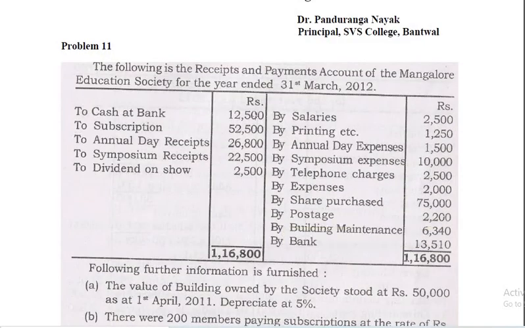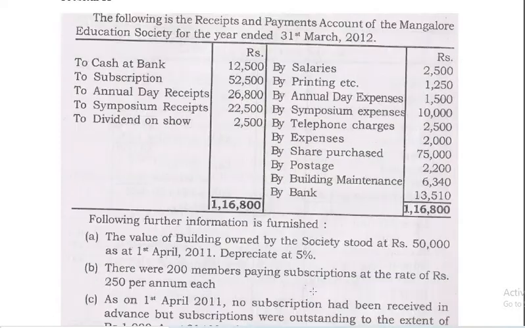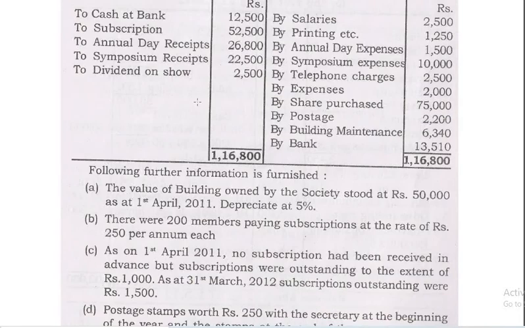Look at the items here. Cash at bank will come to the opening balance sheet, because here the capital fund is not given, so you need to calculate the capital fund. Subscriptions 52,500. Last year's subscription outstanding, that is 1,000, should be deducted, and current year subscription outstanding should be added.